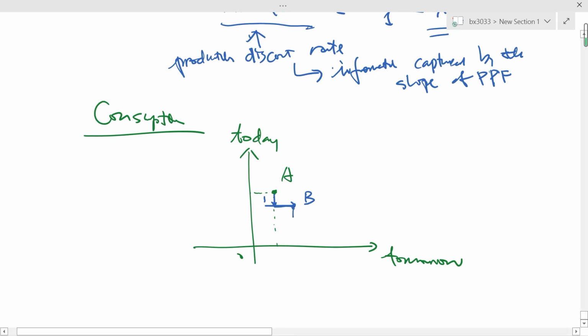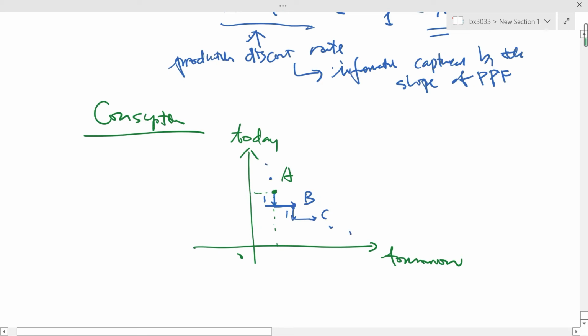From B, I'm going to cut your today's consumption by another 1 unit and increase tomorrow's consumption by some units, so that you are just as happy as before. So we arrive at point C, and so on and so forth.